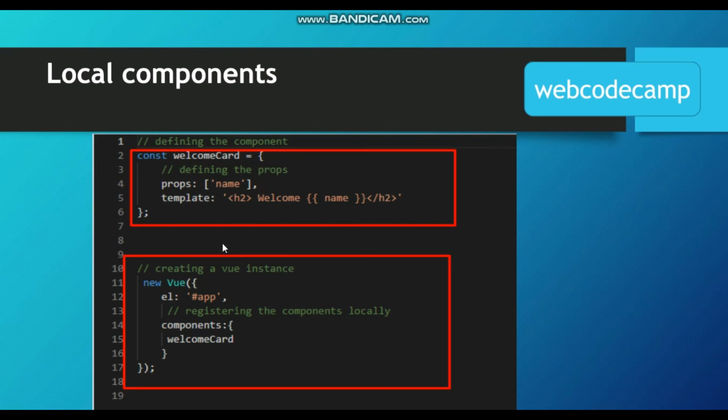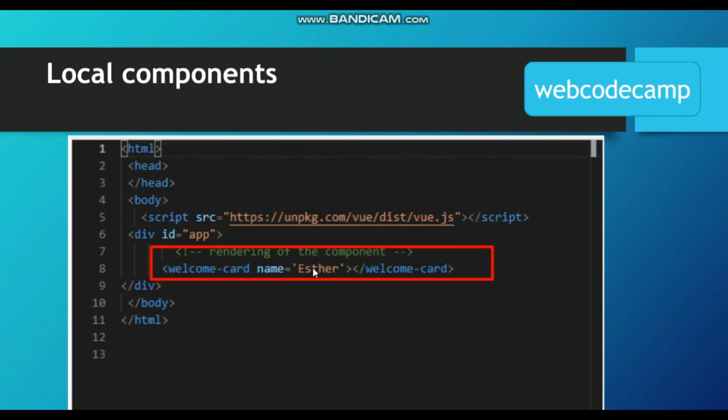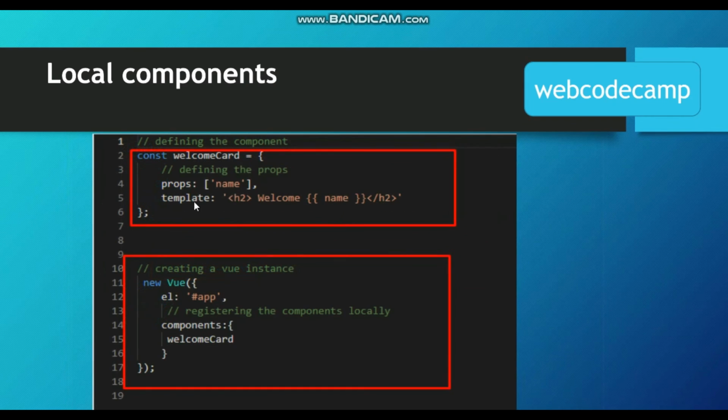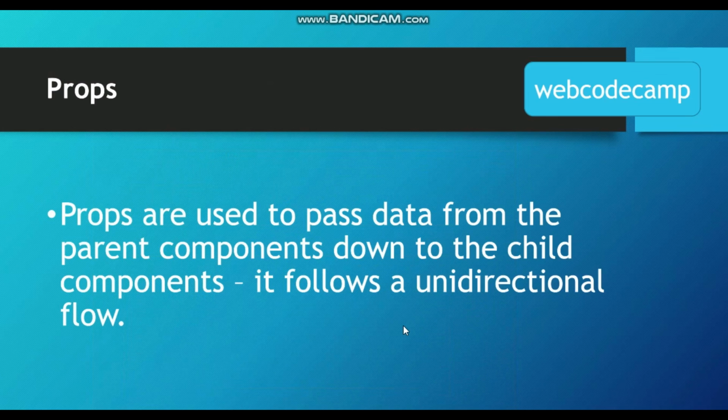Props are used to pass data, in your rendering method, passing the data here. This is defining the props. Props are used to pass data from the parent component down to the child components. I already described what props are.